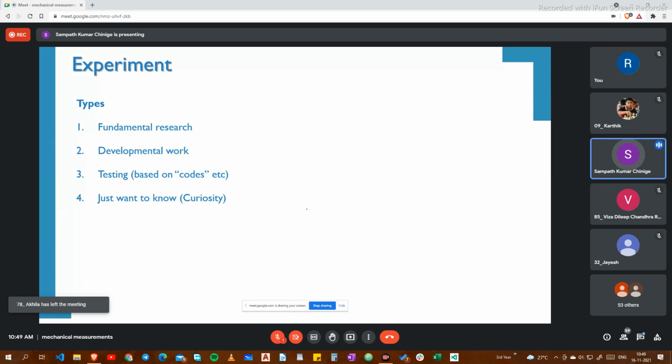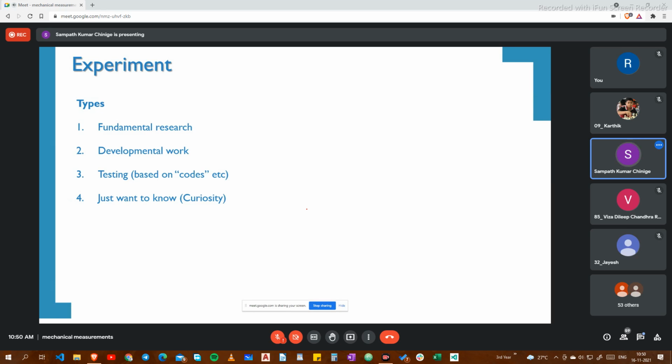There are things which you do randomly just for the sake of getting some knowledge or out of curiosity, and they suddenly give an important result which may be profitable. Those kinds of experiments we generally don't plan very carefully, but a what-if scenario will happen.